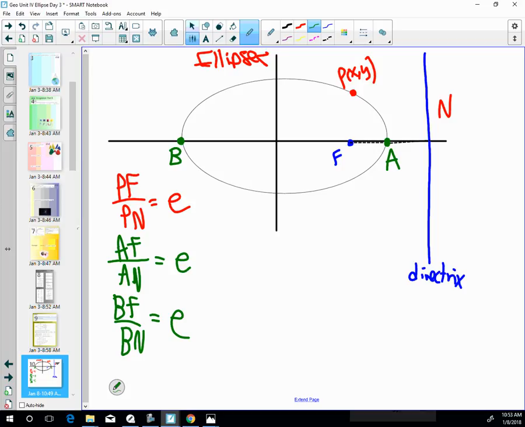Now we're going to pick on some coordinates here. This center is 0, 0. Okay, and we're going to call this focal point A comma 0. We're going to call this H comma 0.